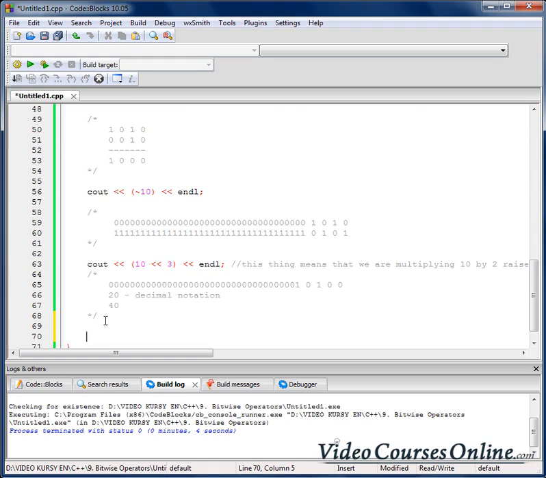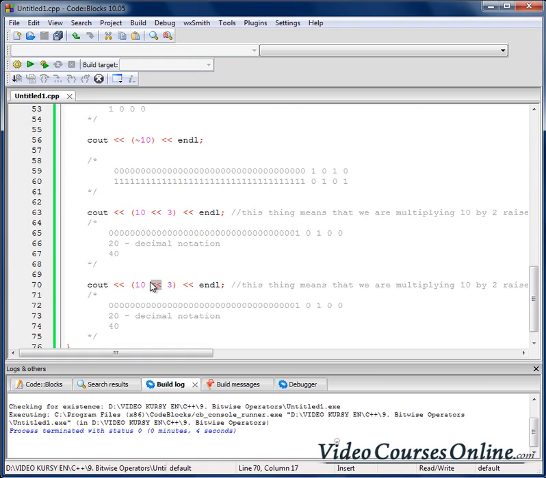Okay, so if I'm doing it the other way, dividing 10 by 2 raised to something, let's divide by 2 raised to the power of 1. So I am dividing 10 by 2. So the result should be 5. This time we are moving it the other way.